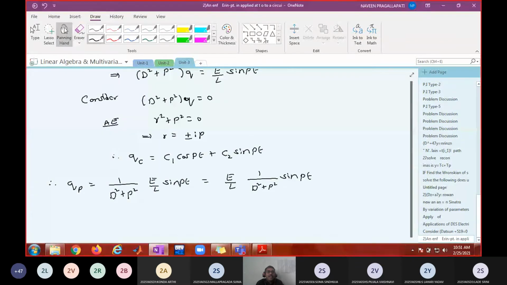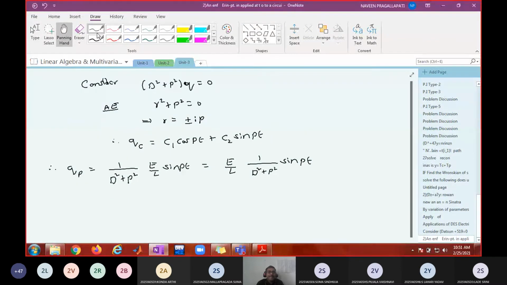Now can you tell me the answer to this? This is standard type 4. Agreed? What is 1 by D square plus a square, 2a sin? No, minus x by 2a. Minus x by 2a cos ax. Minus x by 2p cos pt.